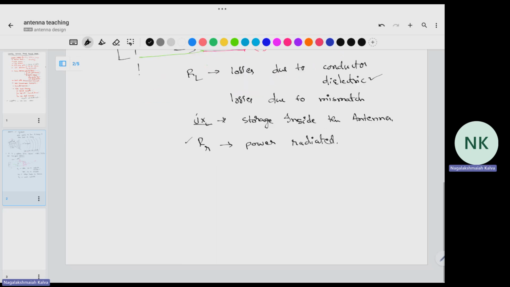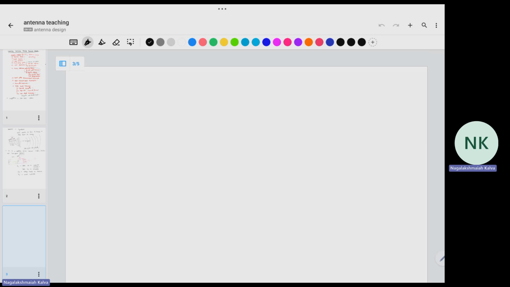So while this is about a simple antenna, why and in what way can we create a radiation? What do we need for creating radiation from an antenna? To create radiation, we should have either time varying currents, meaning to say DC currents cannot be radiated.